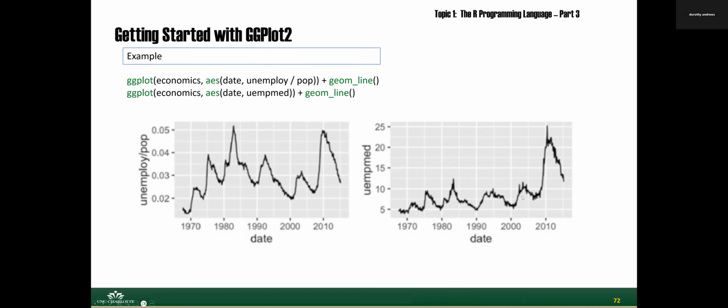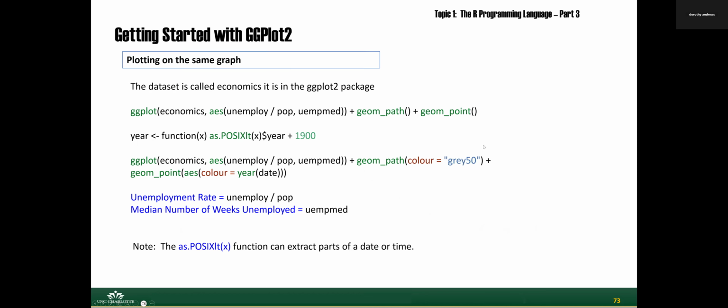We did the same thing in the second graph, but now with number of weeks unemployed as a function of date. To do that, we had to pull the year function off the date, store that value in a variable called year, and then we created our graphs.